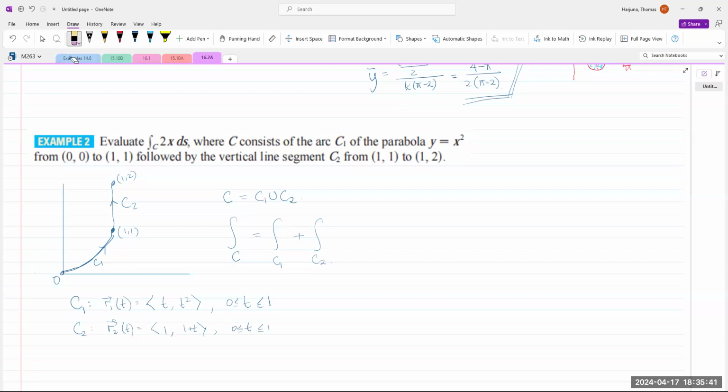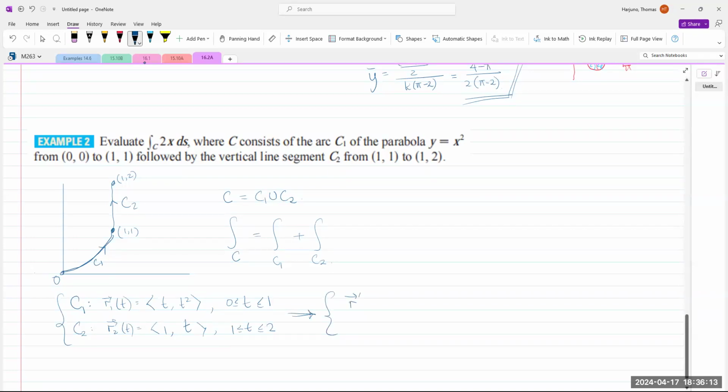You can do it this way. You can also use just t here, but then your t will move from 1 to 2. You can do it that way too. Okay, let me just do it that way. Just don't confuse the t in your R1 and the t in your R2. Now, what happens to R prime?